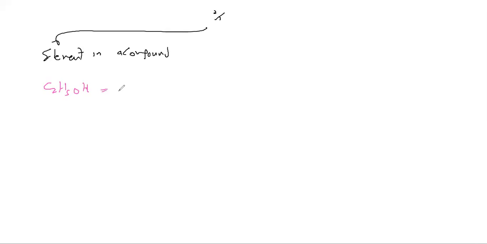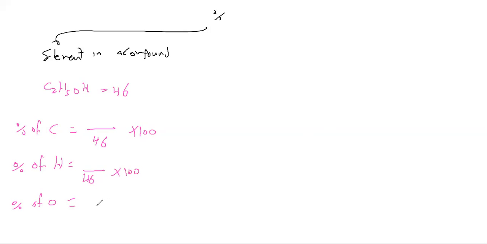For the percentage of element in a compound, for example, if you have C2H5OH equal to 46 grams, the percentage of carbon, percentage of hydrogen, and percentage of oxygen each equal the element's mass over 46 multiplied by 100.